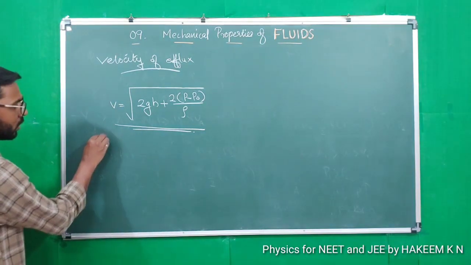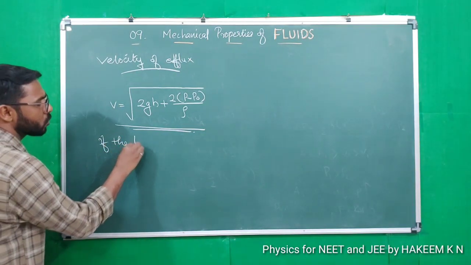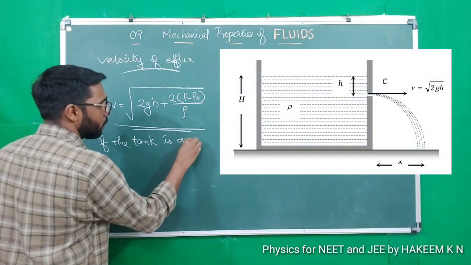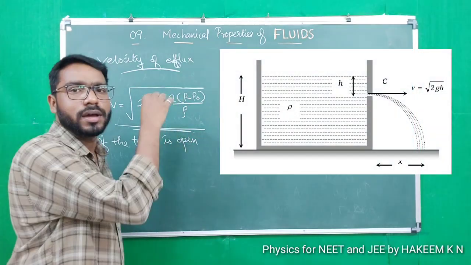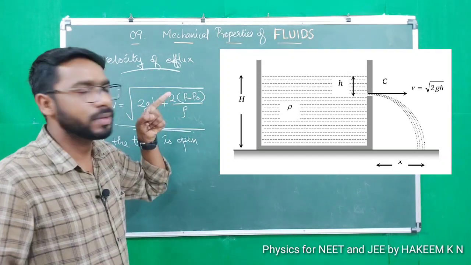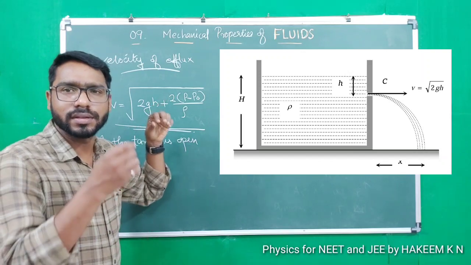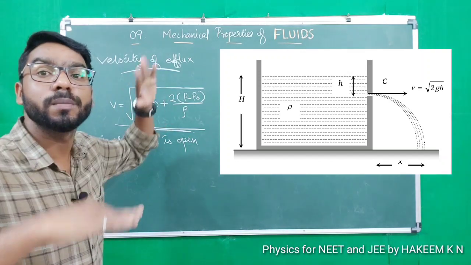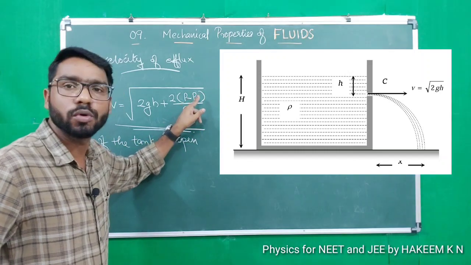Now if the tank is open, then atmospheric pressure is also acting at the top. Both at the position of the hole and at the top of the tank, it is open to the atmosphere, so P should be equal to P0.